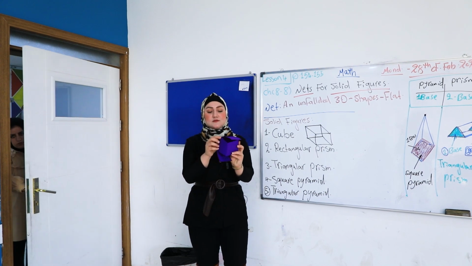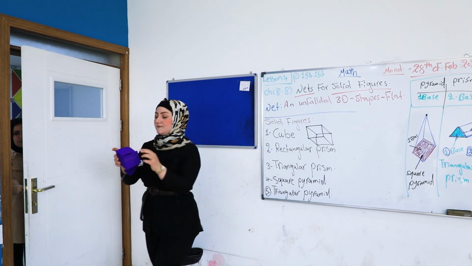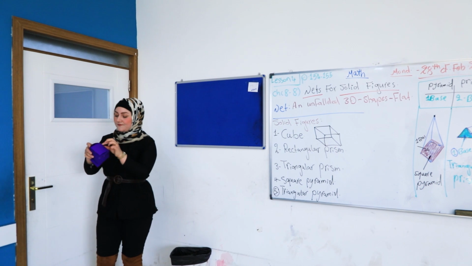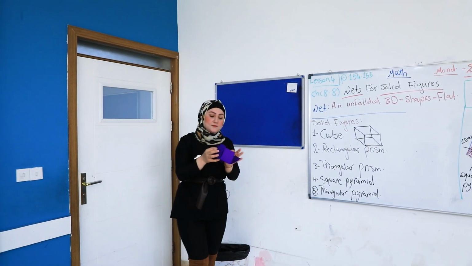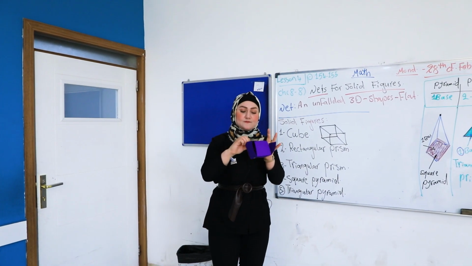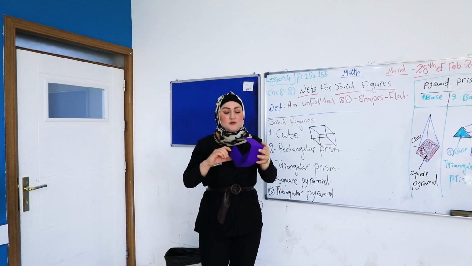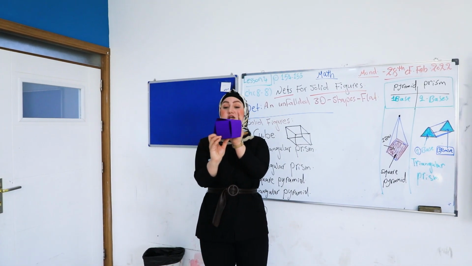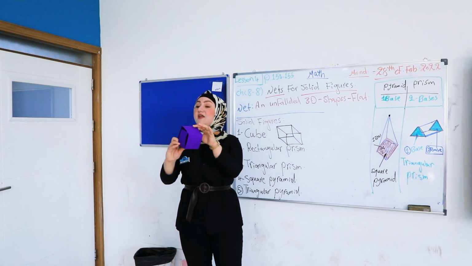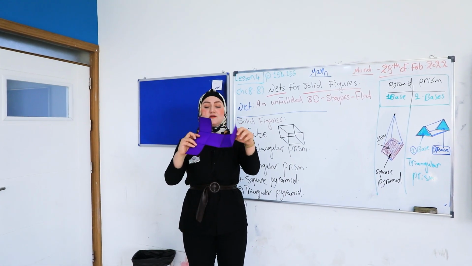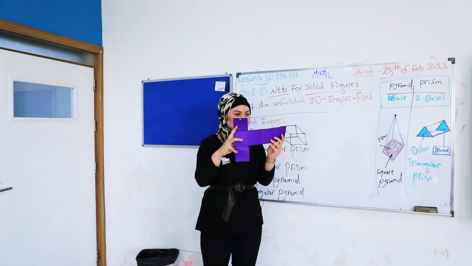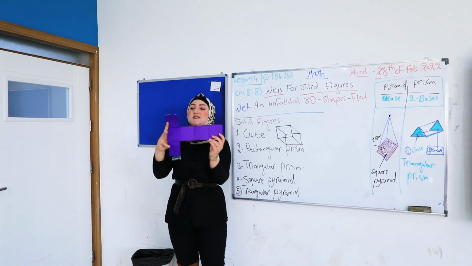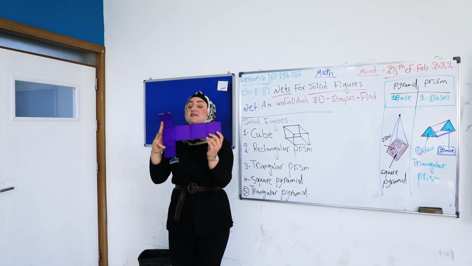Guys, didn't we talk about this? What do we call it? It's a cube, right? Yes. How can I show you the net? This is the net. The unfolded 3D shape.